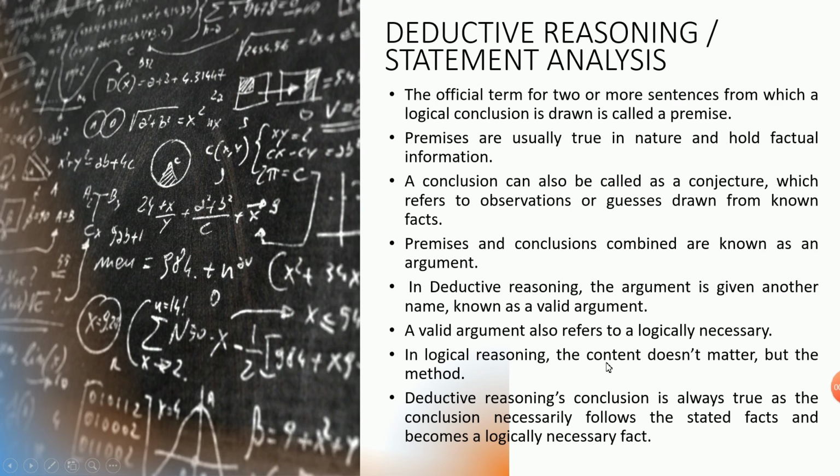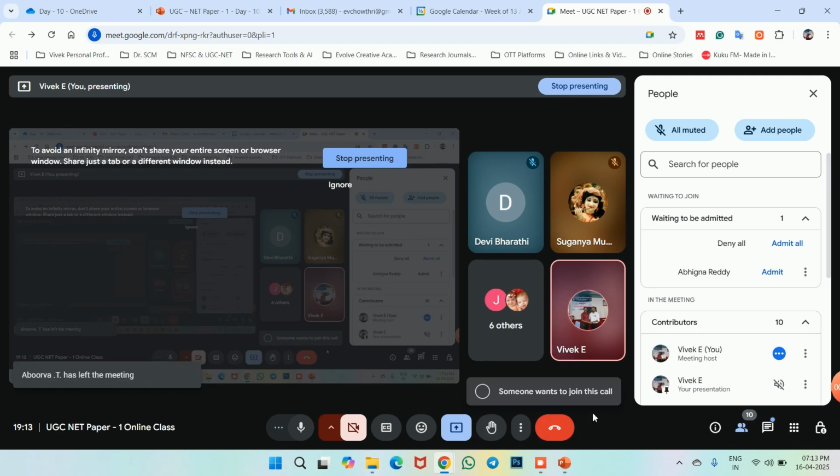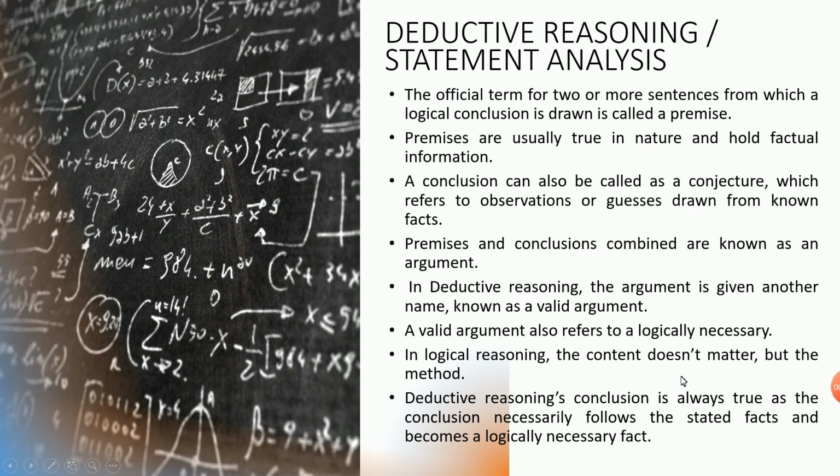In logical reasoning the content doesn't matter but the method, how we are approaching. Deductive reasoning's conclusion is always true, as the conclusion necessarily follows the stated facts and becomes logical.